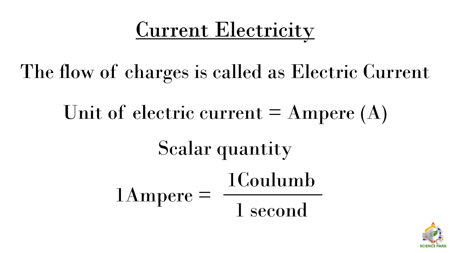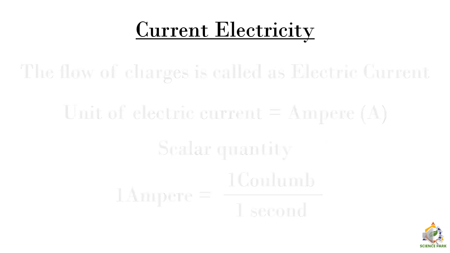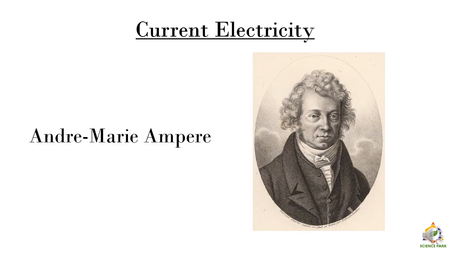And 1 ampere is equal to 1 coulomb per second. This means a current of 1 ampere is said when 1 coulomb of charge flows in a circuit in 1 second. Right. The unit of electric current is named after another scientist called Ampere.